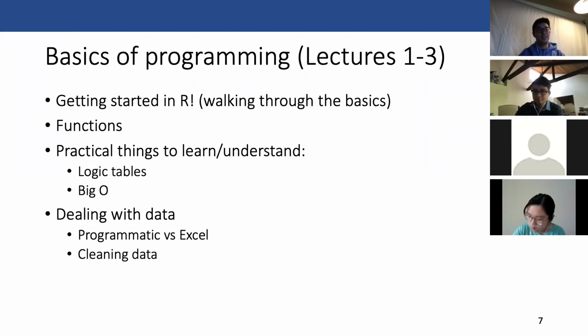It's something that's taught in computer science, but as you do practical things in research, you may find that if I run things through a for loop, it might take a couple hours, but if I run it through an apply function, it might just take a couple minutes. So learning a little bit about how to identify those types of issues and how to deal with that. We won't learn too much about the theoretical aspect of Big O, but we'll see how it's useful for practical application.